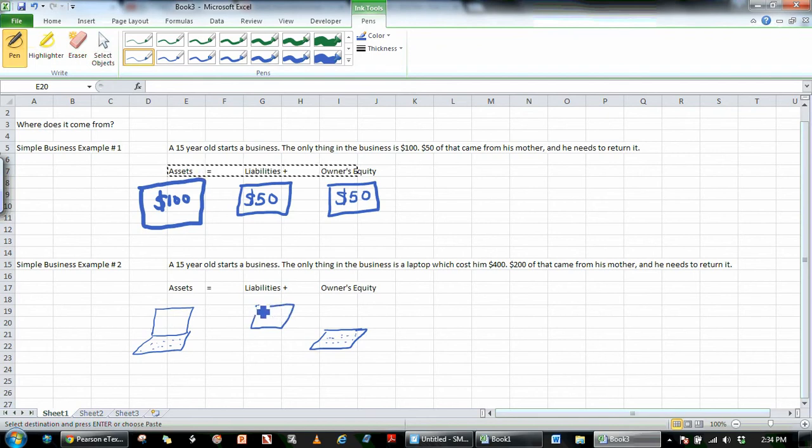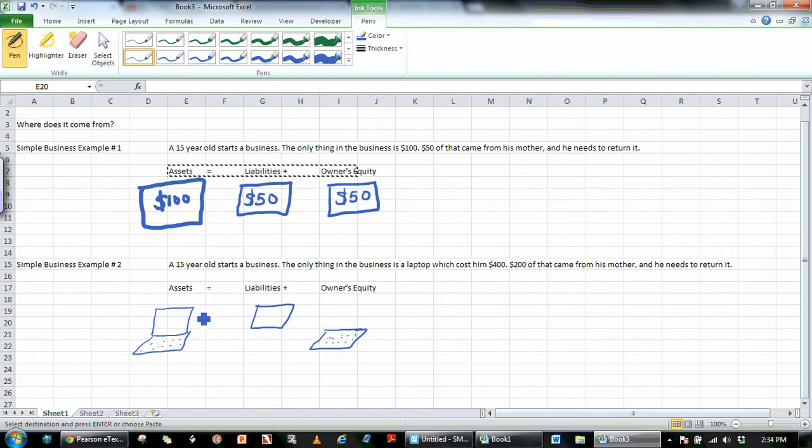Because what we're doing in accounting is keeping track of everything that has value that goes in and out of the business. I'll say that again. In very simple language, in accounting, all we're doing is keeping track of every single thing that has value that's going in and out of the business.